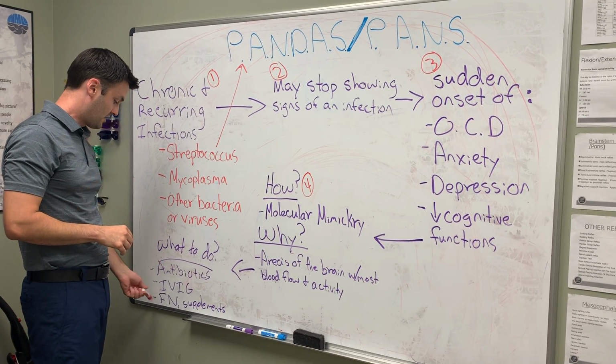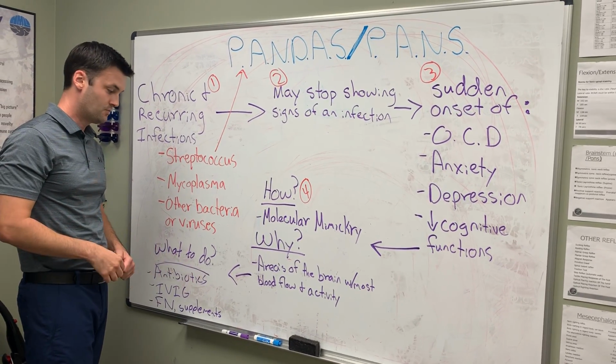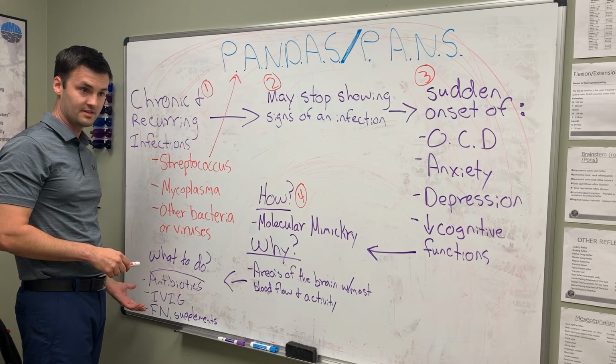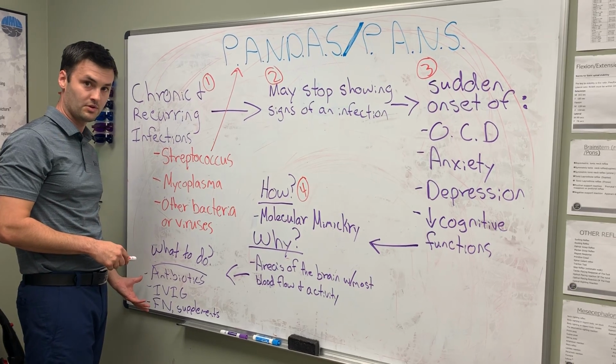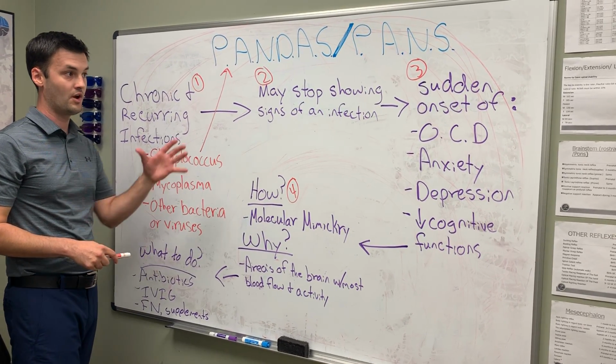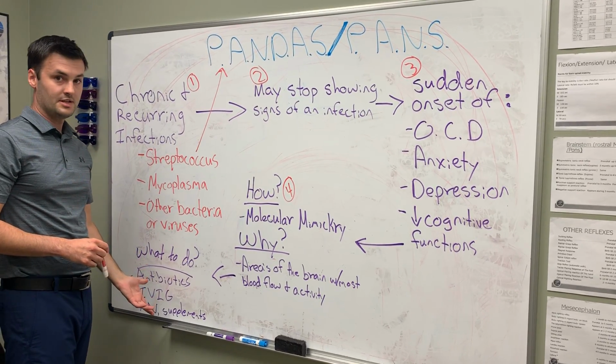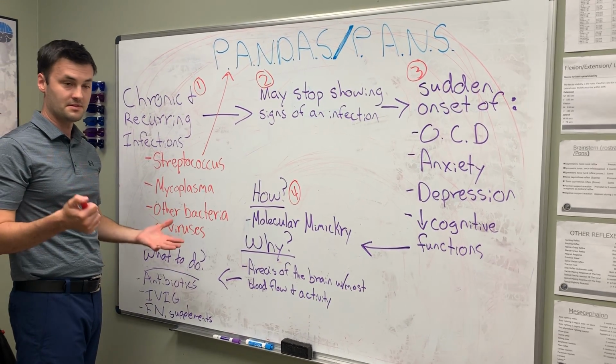On the functional neurology and functional medicine side, at a certain point when they can accept the therapy, we can do functional neurological protocols to help slow down these very hyperactive areas of the brain, and we can give certain supplements to help balance out the immune system.